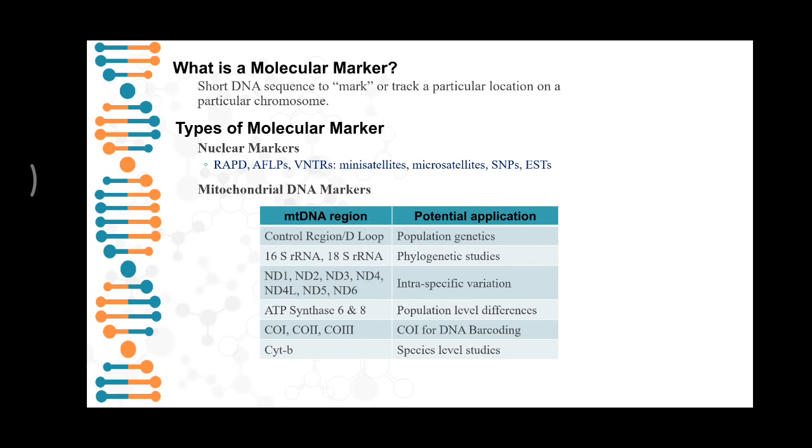There are two major types of markers in cells. They are nuclear markers and mitochondrial DNA markers.